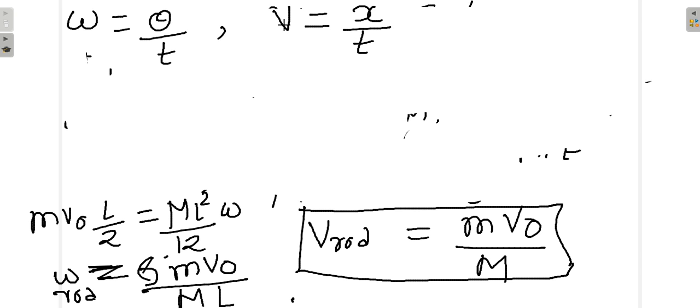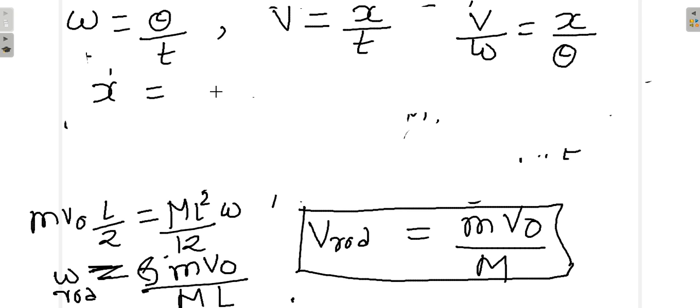So v upon omega will be x upon theta. We are interested in finding x. So x will be v upon omega into theta.